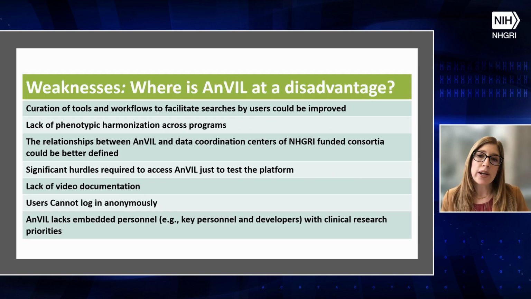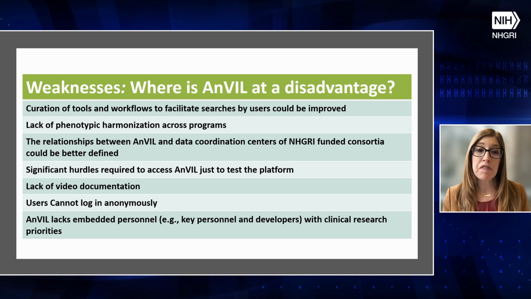So the weaknesses: where is AnVIL at a disadvantage currently? We discussed that the curation of some of the tools and workflows could be improved through facilitated searches so that users can find them more quickly. As I mentioned, there's a lot of functionality on the platform. And so if a user doesn't know the name of the tool or the pipeline that they're looking for, it might be hard to find.